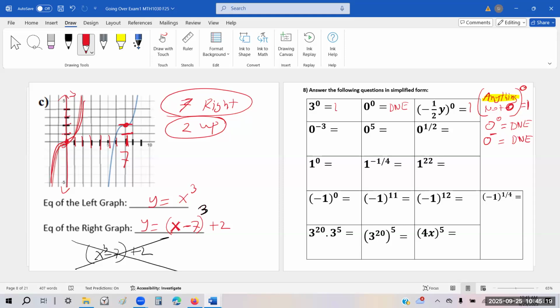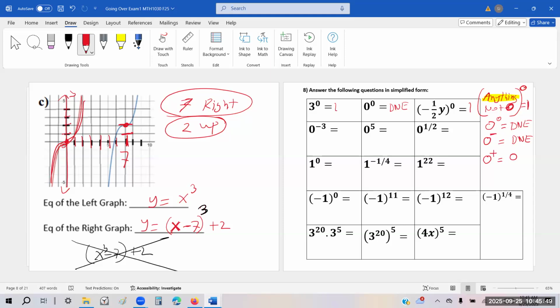So if you have 0 to the 0 or 0 to the negative, it automatically doesn't exist. That means 0 to anything positive, whole number, fraction, decimal, variable, is 0. So 0 has only 2 choices, either DNA or 0. It's 0 for positive power, and DNA for everything else.